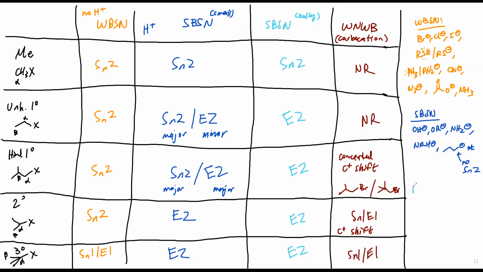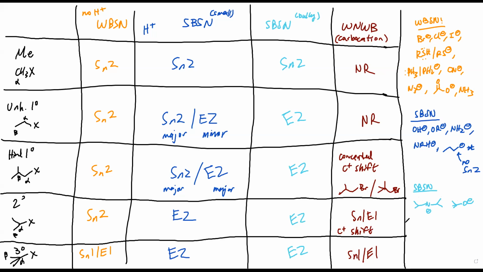A bulky base, there's only two of these guys. That is going to be LDA, and then tert-butoxide, which looks like this.